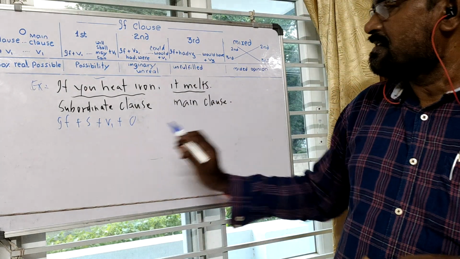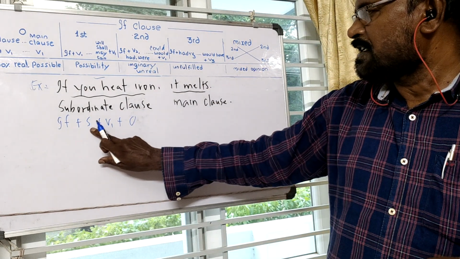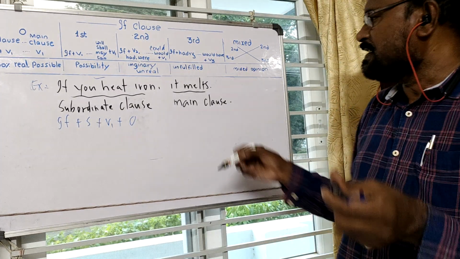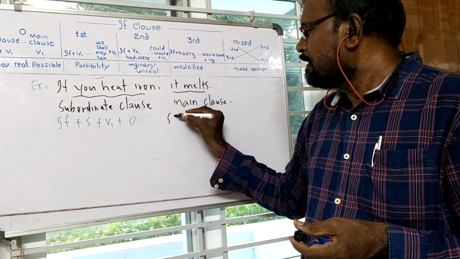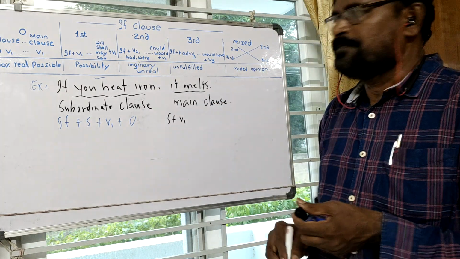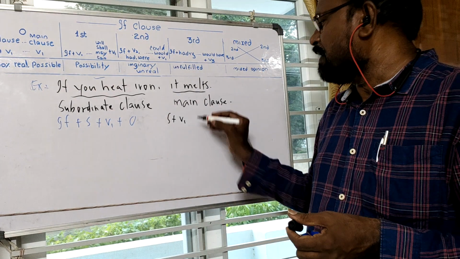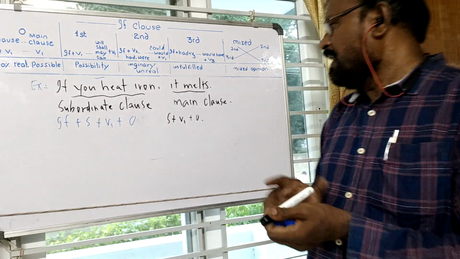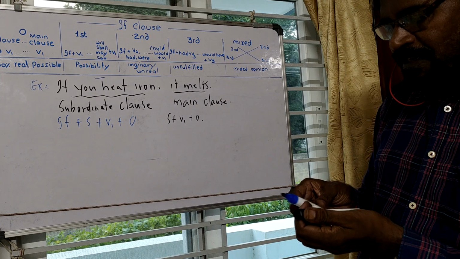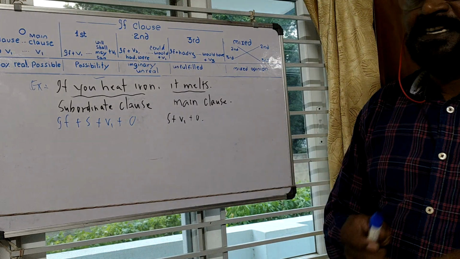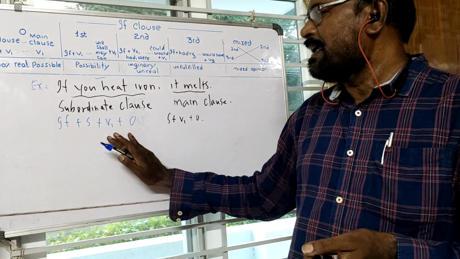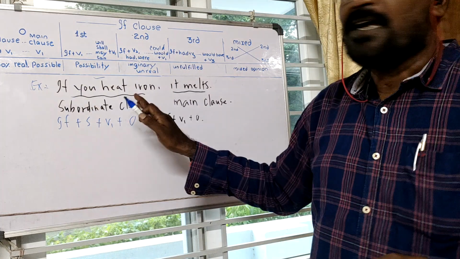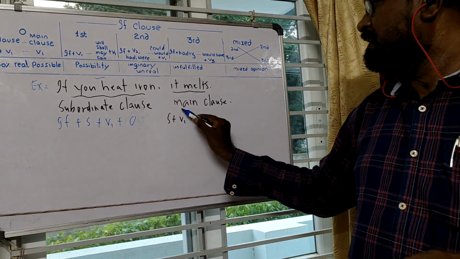And the result clause also has subject plus V1. Here there is no object, though we may find an object here. When we observe these two clauses, we do not find any difference between the subordinate clause, that is the if clause, and the main clause.